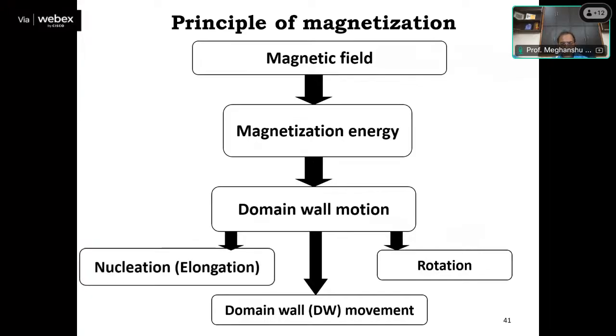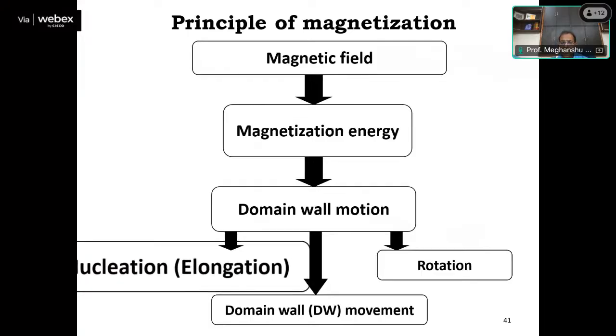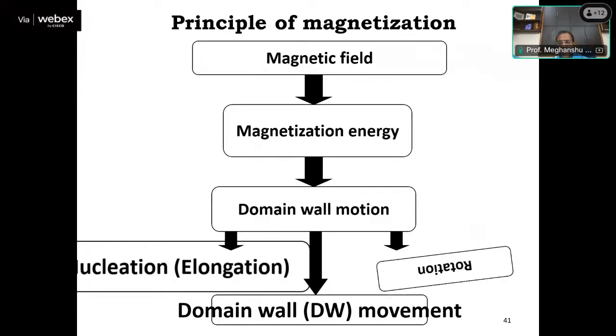First is the elongation, A to B. Second is the domain wall movement, B to C. And third is the rotation, C to D. So this is the principle of magnetization that we have seen in the previous slide.